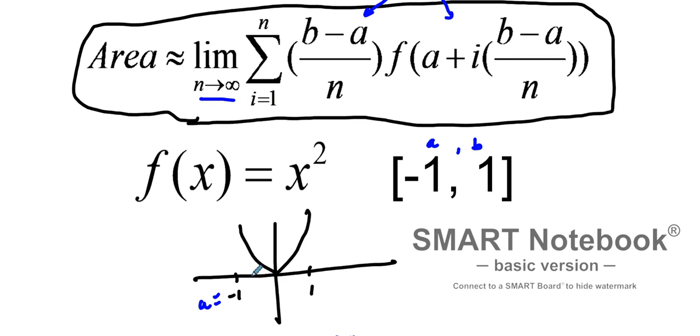So if delta x is b minus a over n, just to give it a more concrete value, if it was 1/2, well, I would take -1 plus 1/2 to give me my first value for our height. So that would be -1/2, and I would plug it in there.